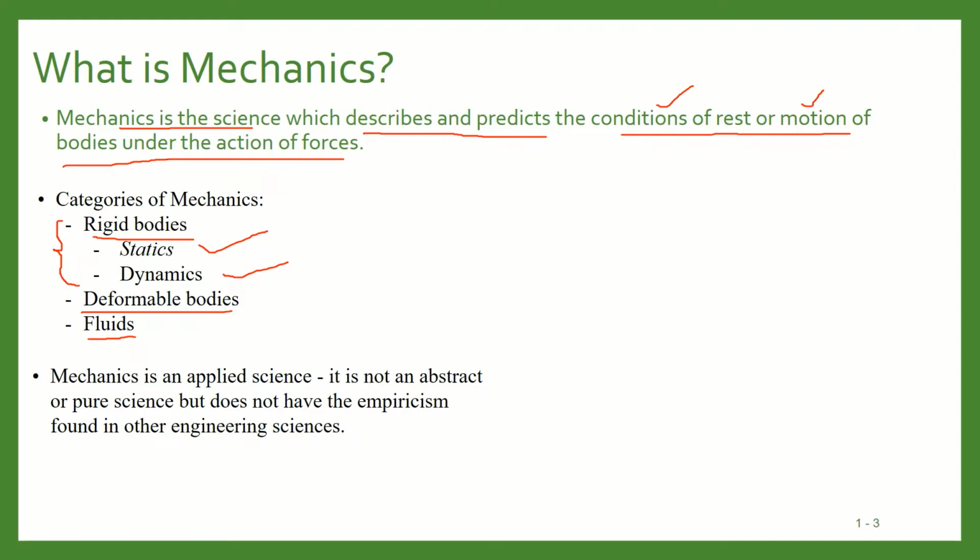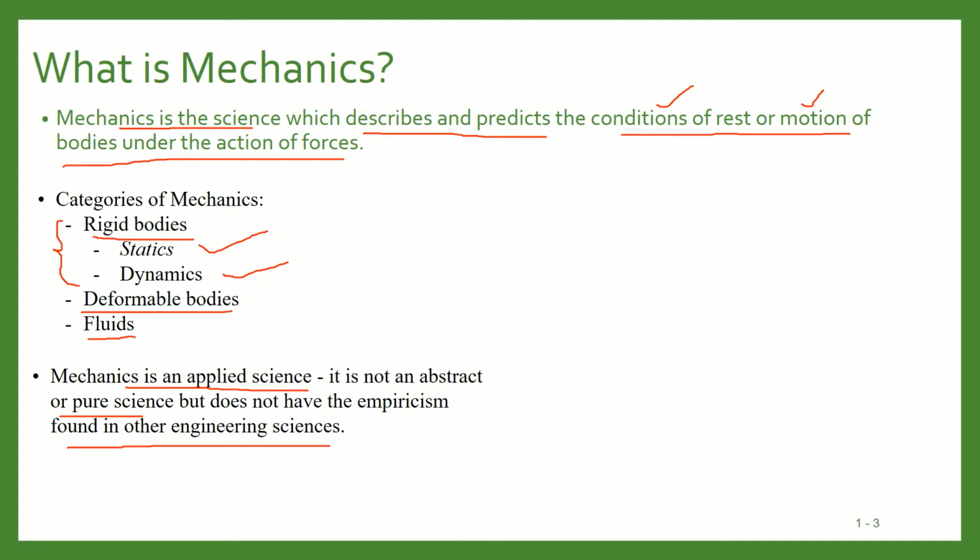Now mechanics is an applied science. It is not an abstract or pure science, but does not have the empiricism found in other engineering sciences. So mechanics is the applied science, means it is based on certain laws of physics, laws of motion.